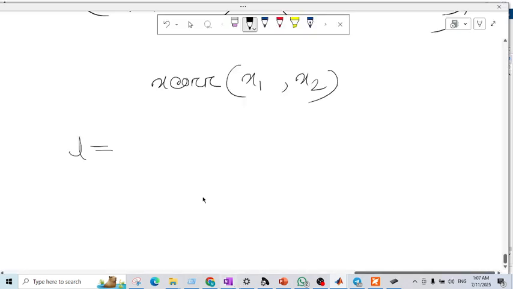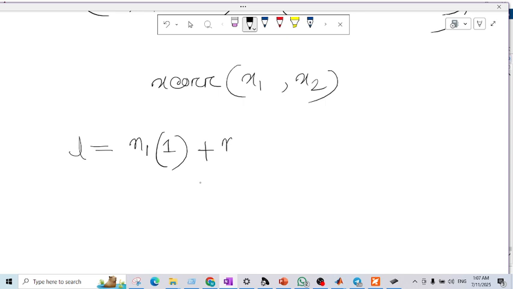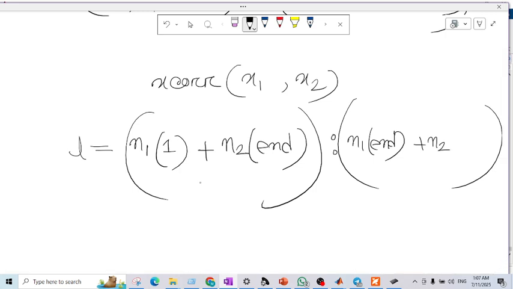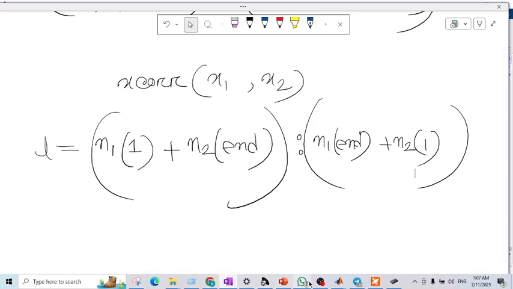So what can we do? You have to take the first signal's first element and the second signal's end element, and then you have to take the first signal's ending element, or last element, and the second signal's time index first element. Okay, let me check it with my code.